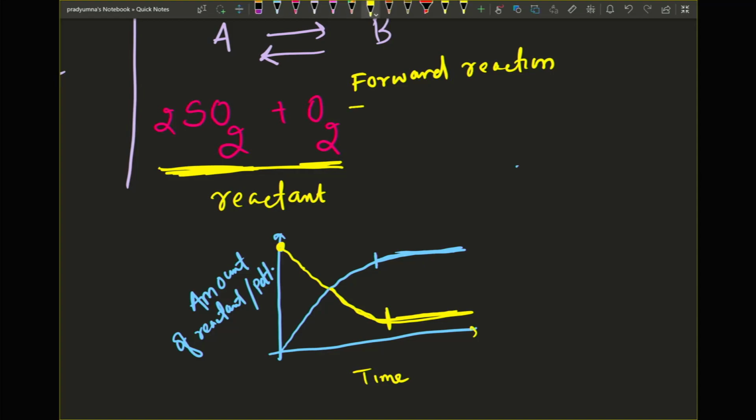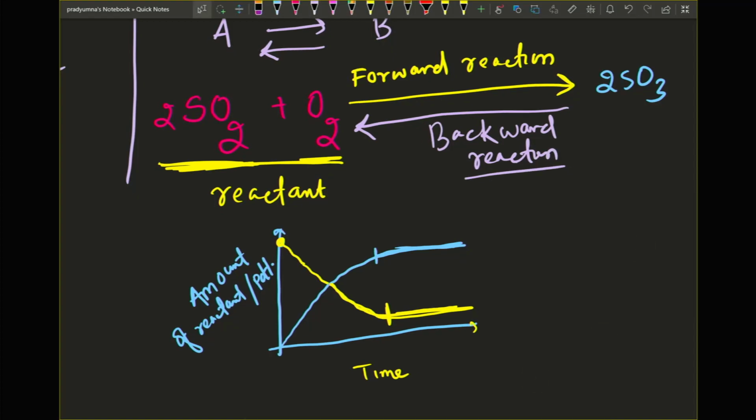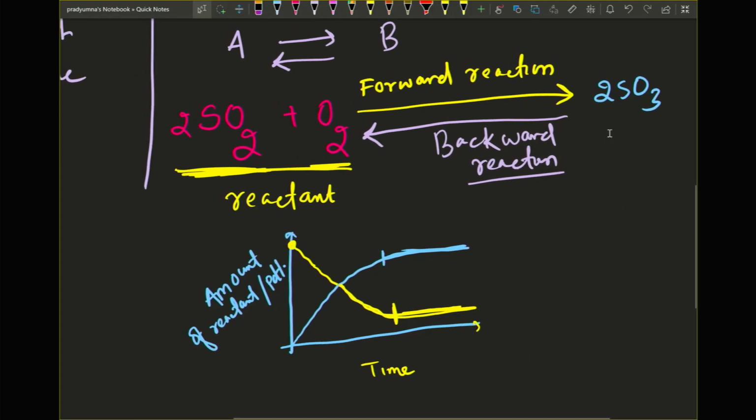The forward reaction is going from left to right, and the backward reaction is going from right to left. In the backward reaction, 2 sulfur trioxide is dissociating, breaking into sulfur dioxide and oxygen.